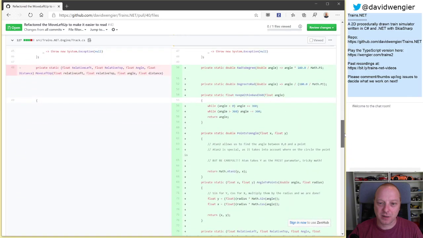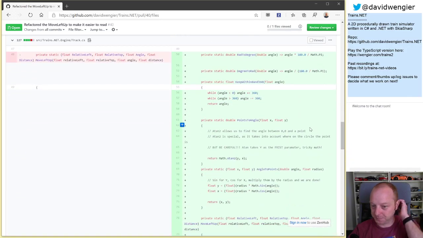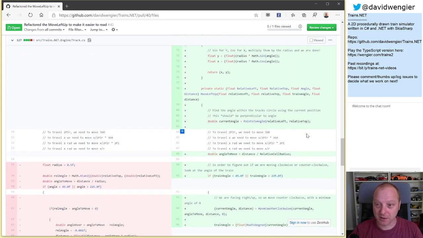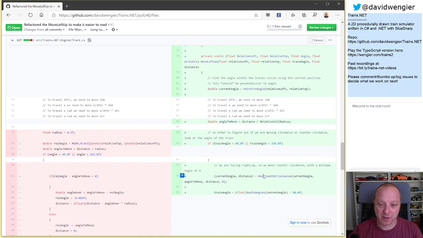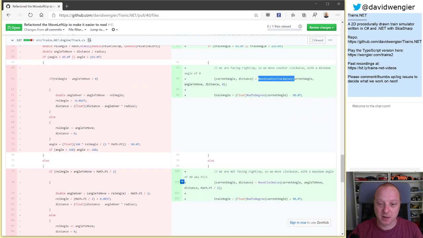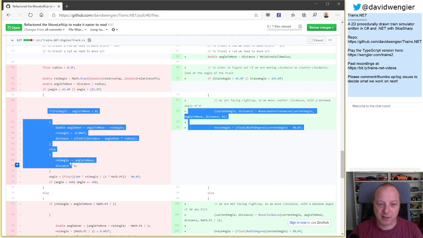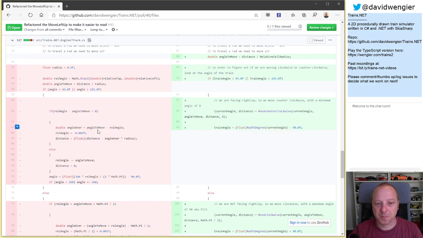If I scroll down here, basically what he has done, because this is what I was struggling with, is changed our move left up method to just extract things to other methods. So we have a move counterclockwise, we have a move clockwise, there's rad to degree and degree to rad to help, etc.